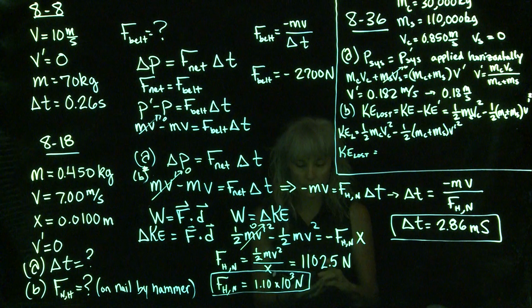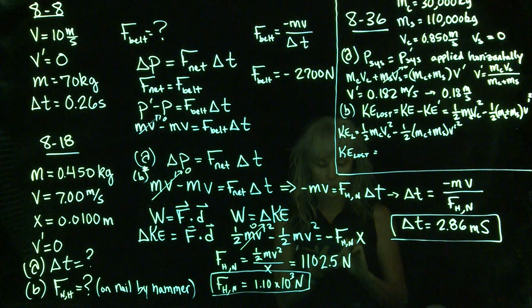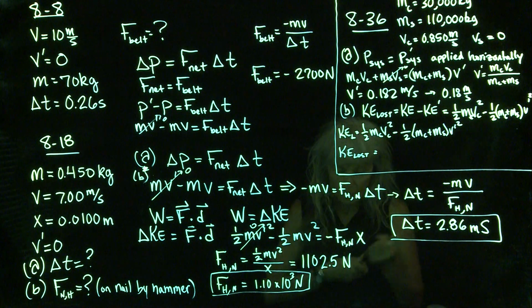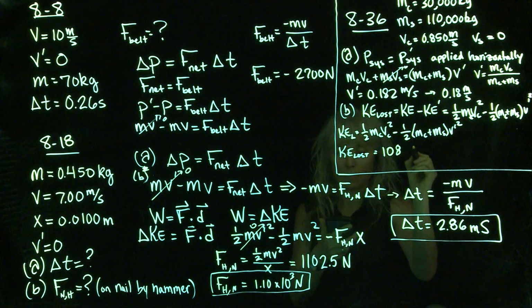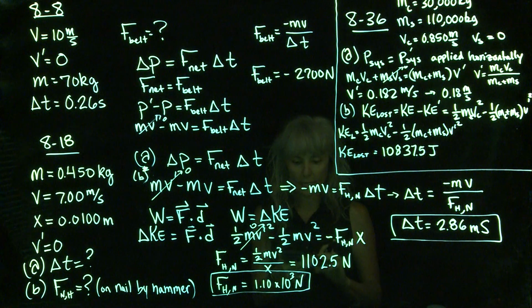Plugging this in, we have 1/2 times the mass of the car times the initial velocity of the car squared. I'm doing them separately because I'm using kind of an older calculator that I just see one line at a time.